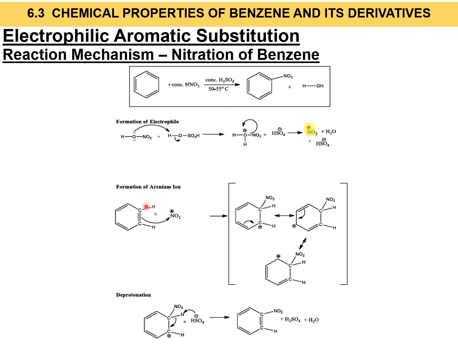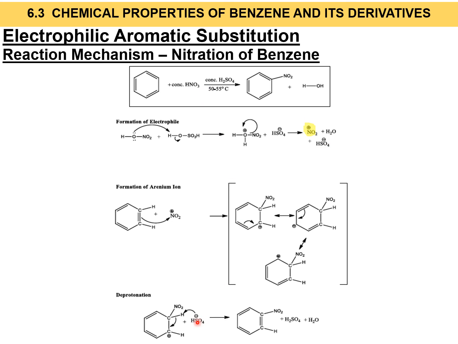And then next, untuk formation of arenium ion dia macam a little bit easier sebab the carbon-carbon double bond ni dia akan hanya show satu arrow towards this electrophile NO2+, okay. Lepas tu nanti dia akan kena buatlah the delocalization, and at the end for the deprotonation kita akan ambil apa tu, HSO4- sebab kita nak form kembali the acid catalyst H2SO4.